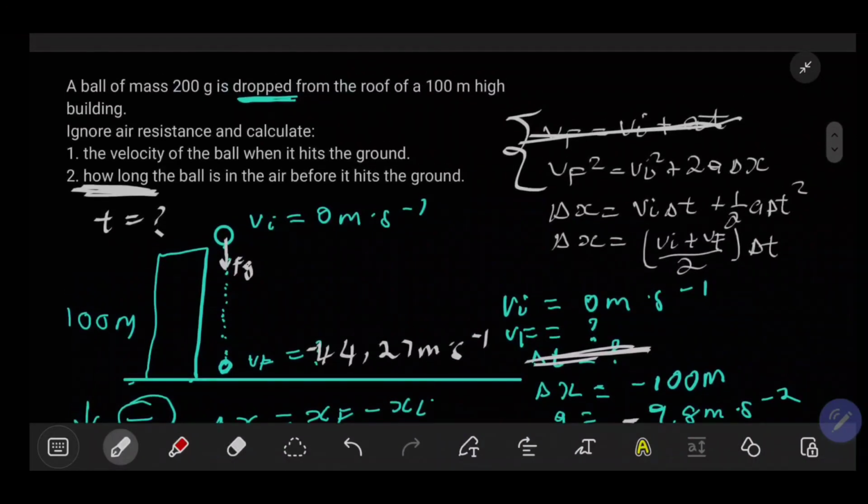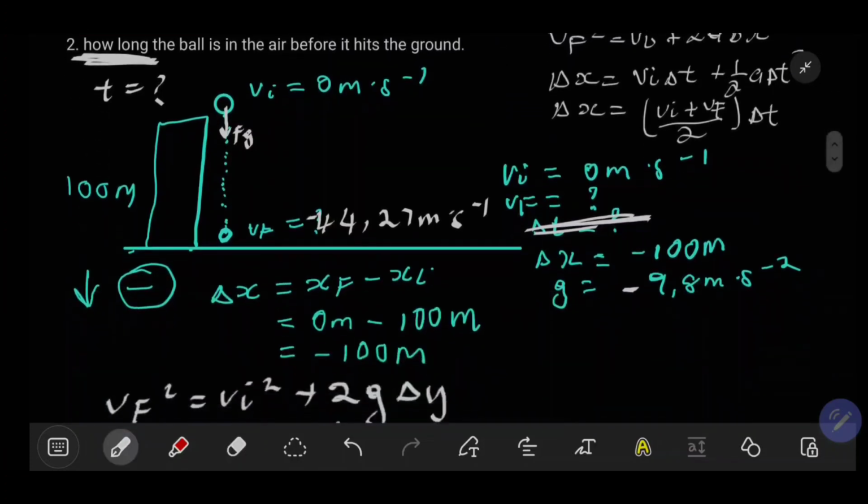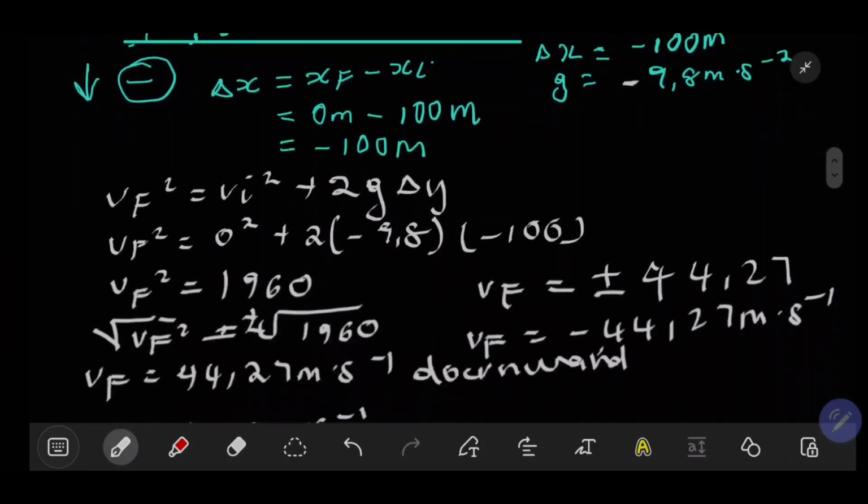So when you go to these formulas, you have our v final, our v initial, our gravitational acceleration, and we're looking for the time. So we can use the first equation, or even the third equation or the fourth equation, it's still fine. We'll get the same answer. The simple one is the first equation.